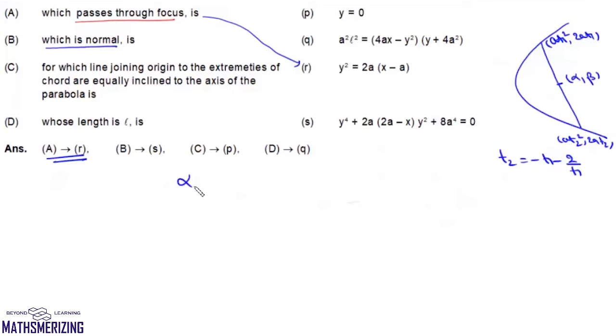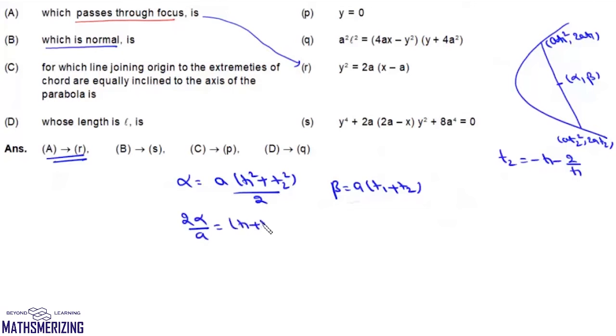So we can write alpha as a times (t1 squared plus t2 squared) upon 2, and beta as a times (t1 plus t2). So we can write this as 2 alpha upon a, and we'll add 2 t1 t2. So it will be (t1 plus t2) whole squared minus 2 t1 t2, and here t1 plus t2 will be beta upon a.